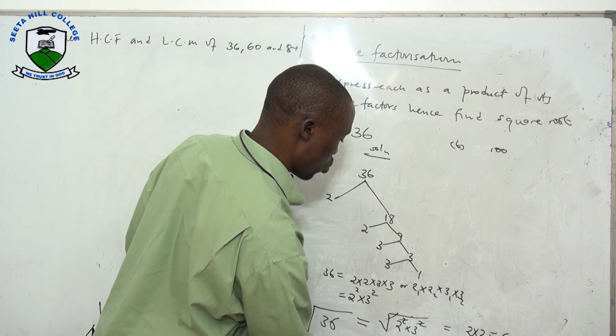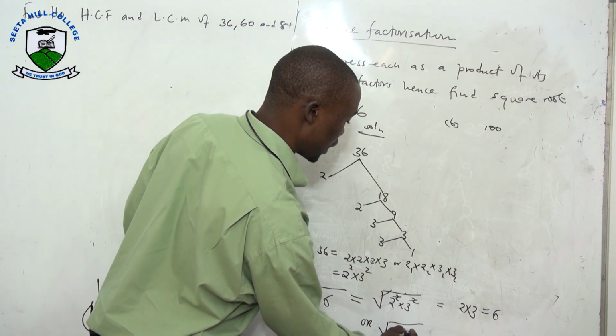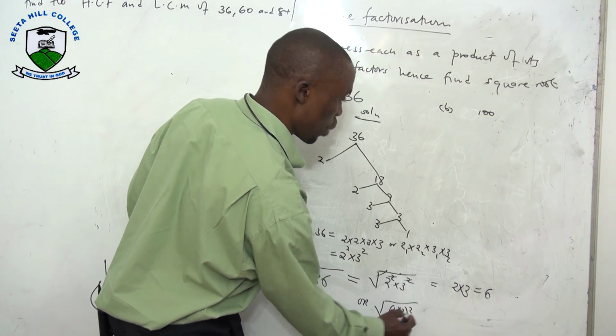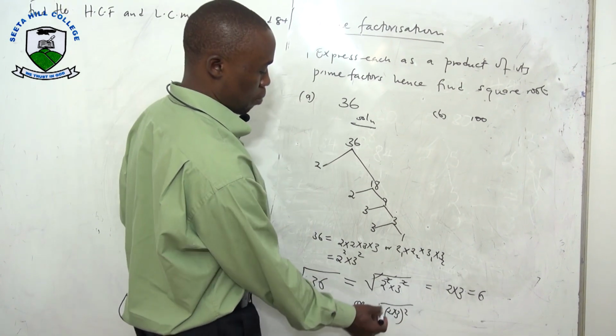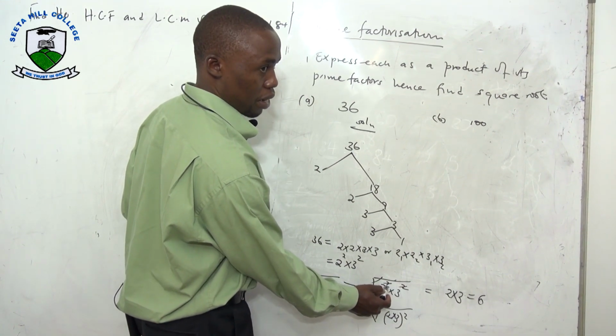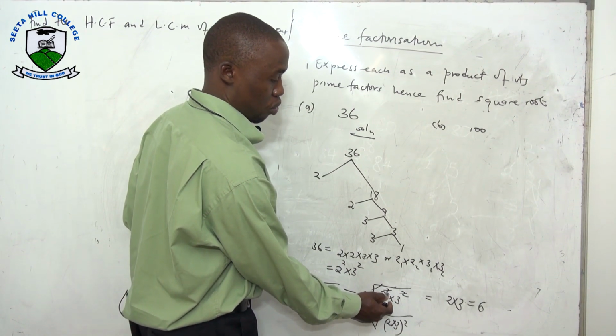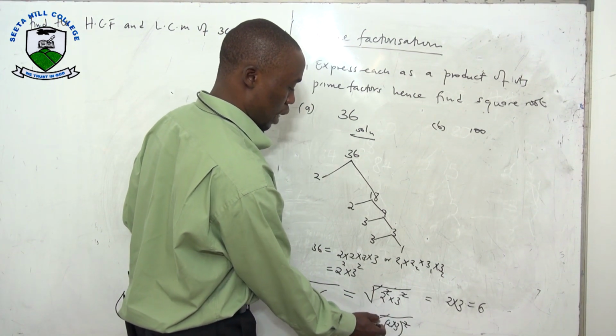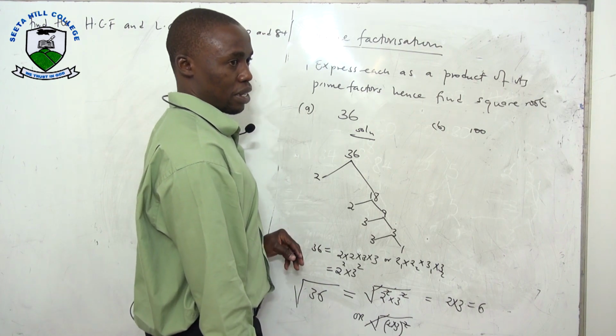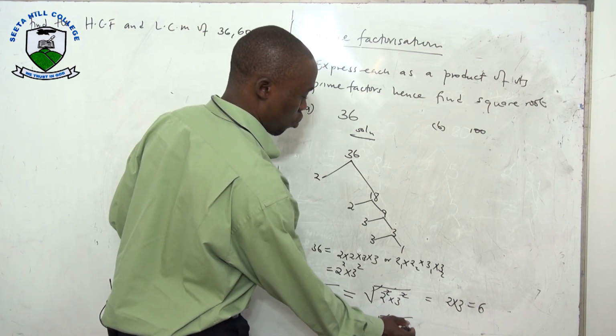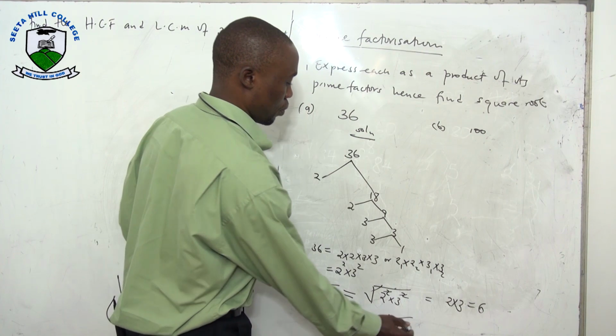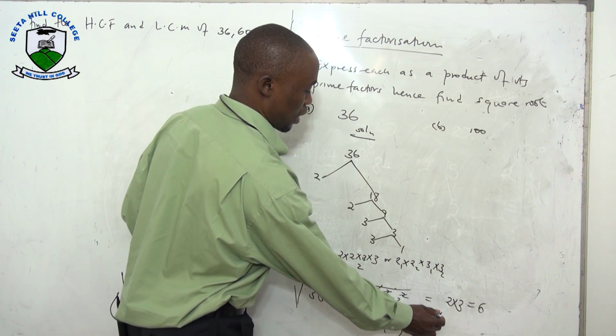Or a student could say, since both have a square, we could as well put it under one bracket, then we lose it at once.